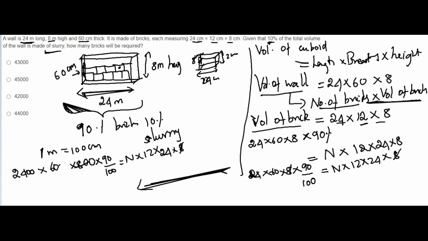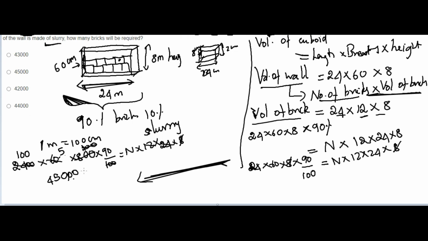Here you can make it 100, and 24 you can cancel here. Here 12 is available, so you can cancel 12, and here you can make it 5. So this 100 and this 100 you can cancel. If you multiply 500 into 90, that is 45,000.